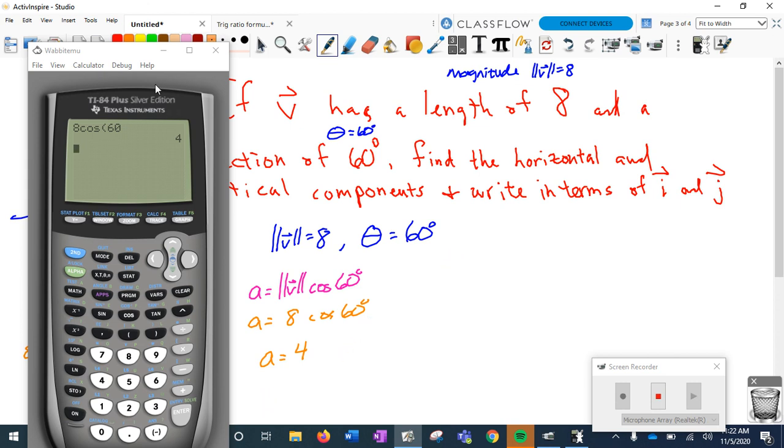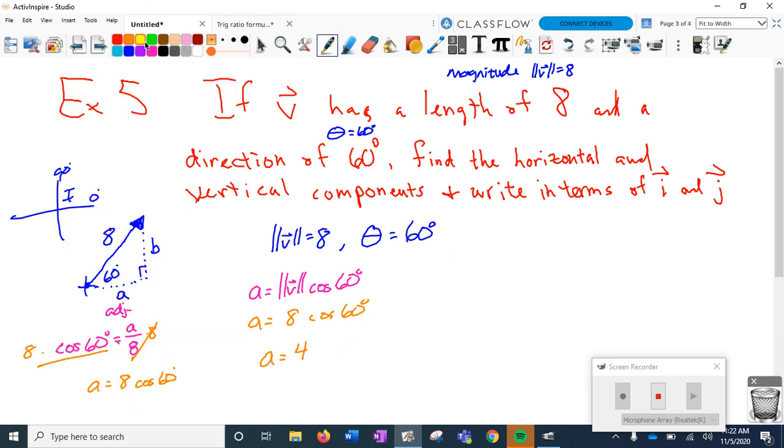If we want to do the B, the vertical part, if I go back over here and look, the vertical part is the opposite side. And again, the hypotenuse is the magnitude, the 8. So from our SOHCAHTOA magic word, opposite over hypotenuse is sine, so we would say sine of 60 degrees equals opposite over hypotenuse.